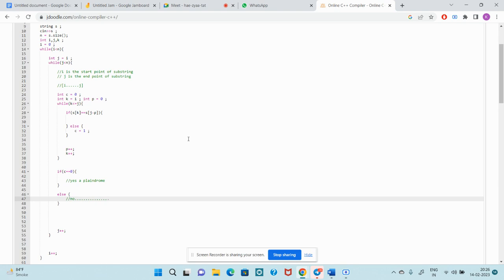So guys, what we say is, if c equal to 0, it is a palindrome, else it is not a palindrome. So guys, if it is a palindrome, I will increase my counter. int count palindrome, I will do plus plus here.